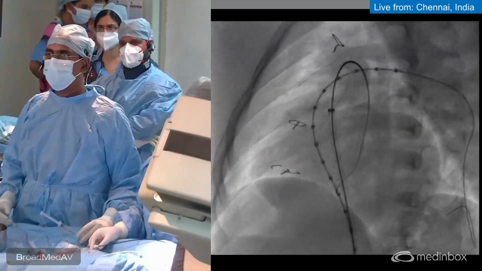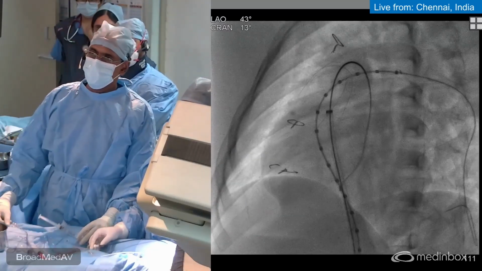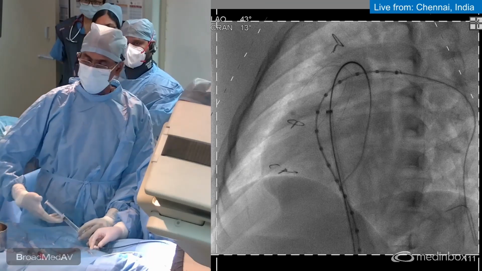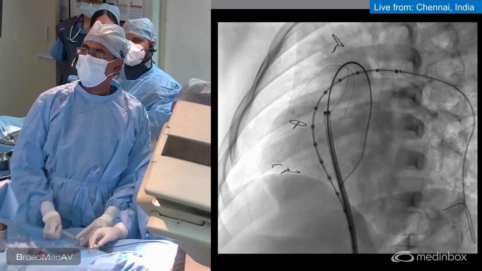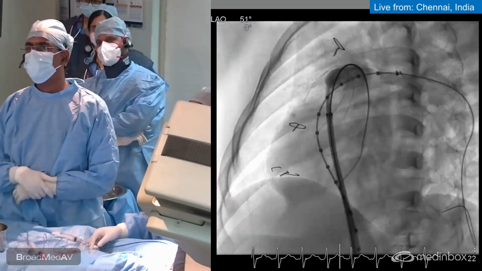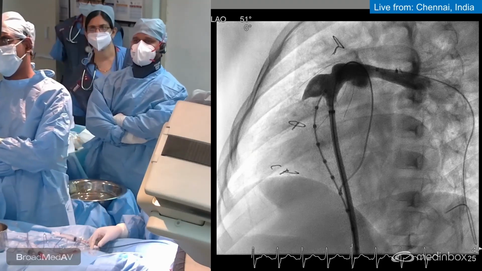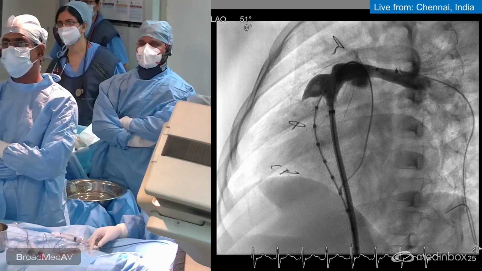Yeah, go steeper. Yeah, that looks good. So here we are going to appreciate the length of the left pulmonary artery as well as the. Okay. There's an overlap, but still we are able to visualize the entire left pulmonary artery nicely.